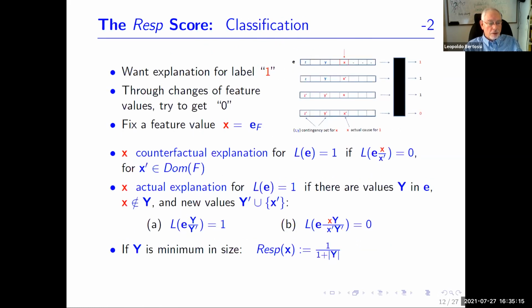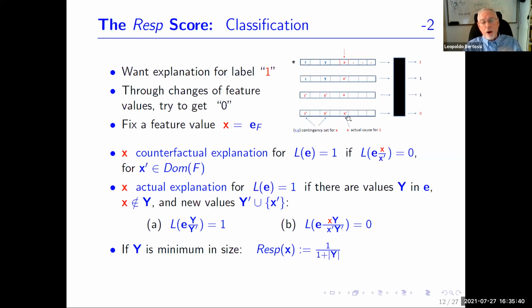Of course, there might be many situations that may occur in terms of the sizes of this contingency set and the values that we obtain. It could be the case, for example, that there is only one value X prime that allows us to change the label, and many other alternative values for X that do not change the label.